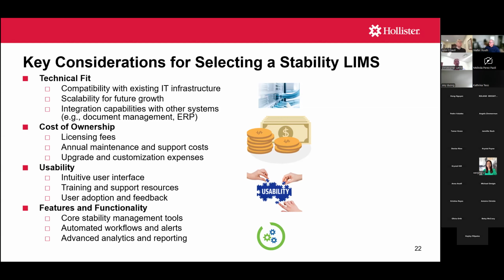Features and functionality. Again, your core stability management tools. This will be defined in your user requirements. Advanced analytics and reporting. As I mentioned, for us, it was a mandatory user requirement that whatever software we selected would have the capability of performing those basic regression analysis.